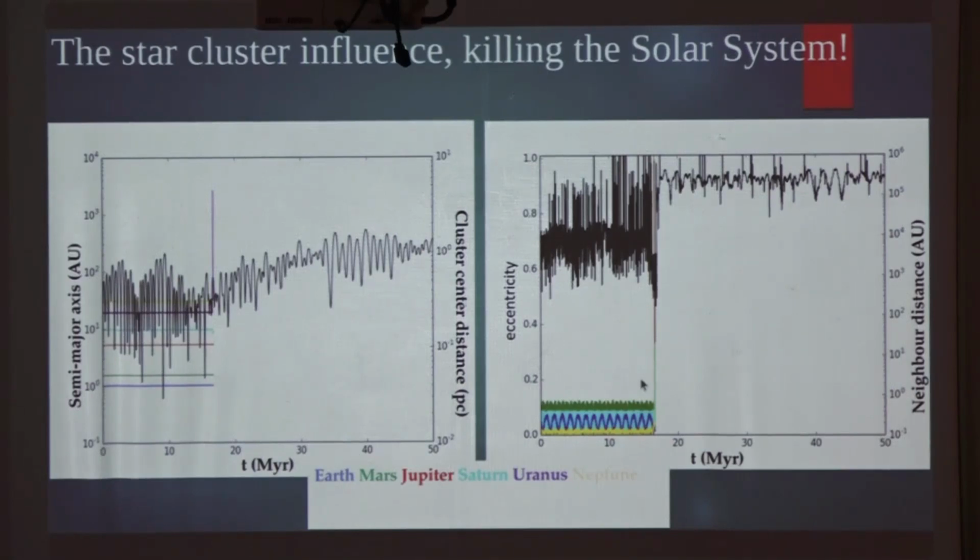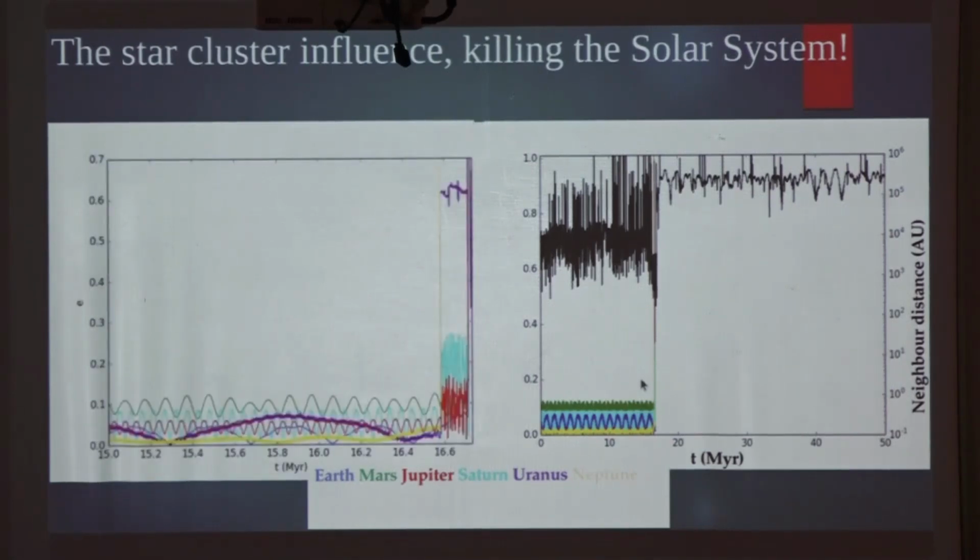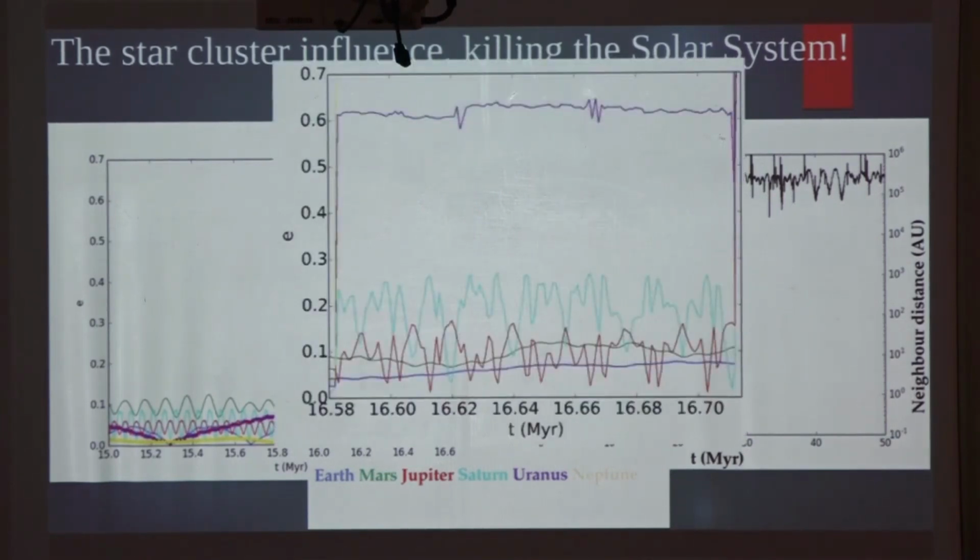But let's zoom in like before on the eccentricity plot, and we have to zoom again, and this is what happens. So as you see here, Neptune is immediately ejected, and the planetary system goes into a relatively perturbed orbit that seems to be stable after a little while, after let's say 0.01 mega years.